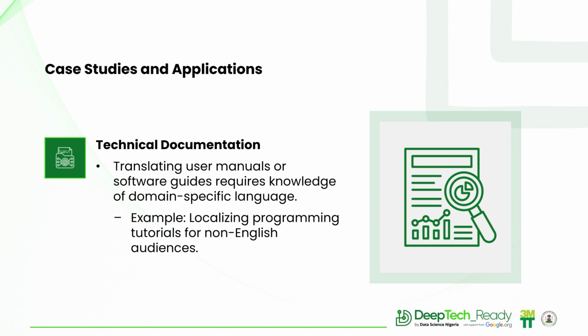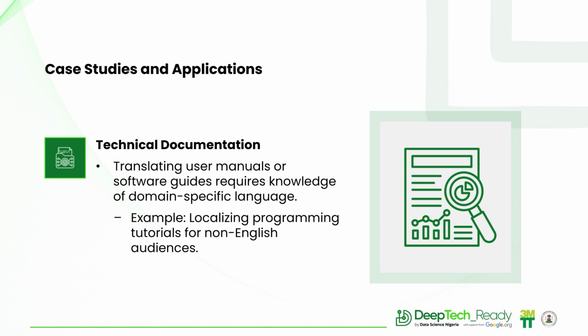Translating user manuals or software guides demands a deep understanding of domain-specific language and terminology. Generic translation models may miss the mark when handling precise technical phrases, formatting, or symbols, which can lead to confusing or inaccurate translations.